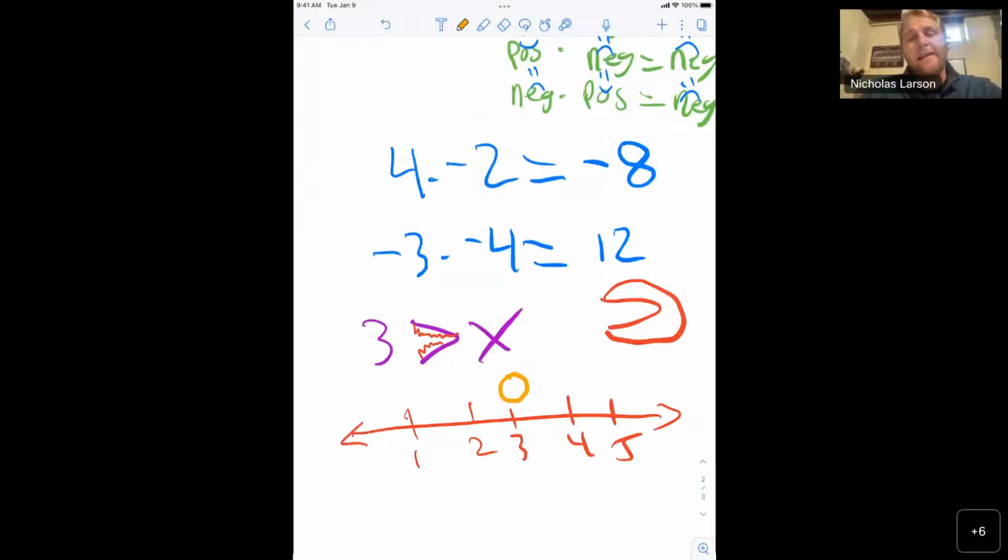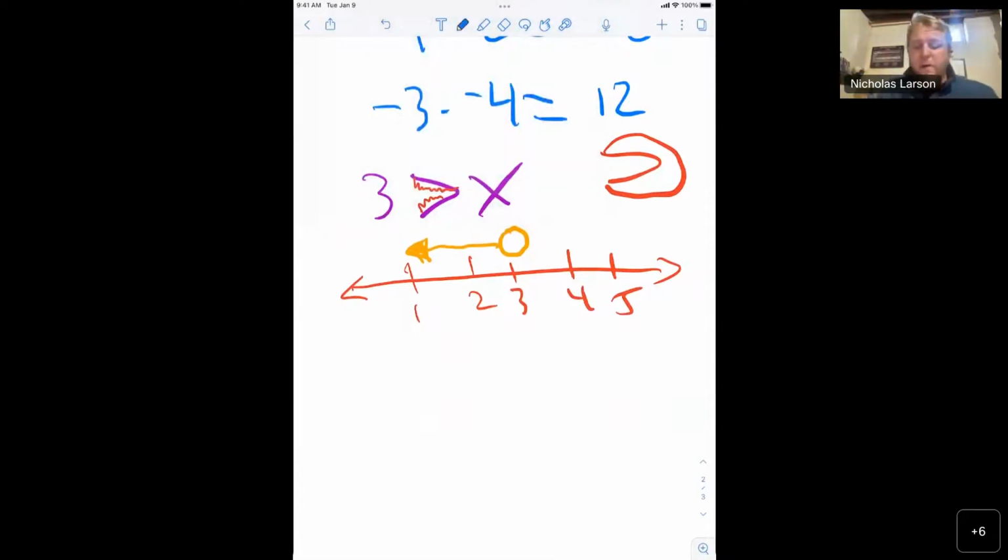And because x is smaller than 3, I create an arrow that goes away from 3. So 2 is smaller than 3, 1 is smaller than 3. I get a range of values. Any number that's smaller than 3 could be my answer. It could be -5, it could be 2, it could be 1.333333. It doesn't matter. All of those numbers would work.